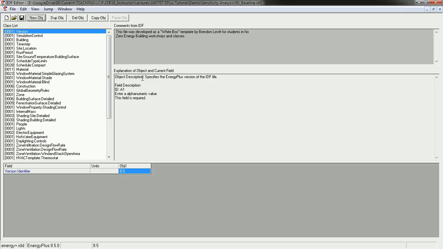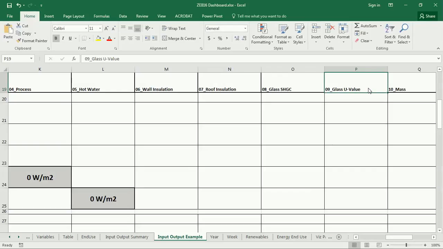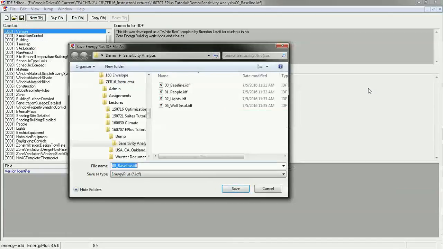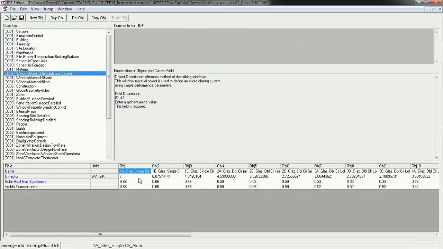So I'm going to save my baseline as, sorry, what number is this? 08 SHGC. And I'm going to go to my simple glazing system, and I'm going to copy, this is my glazing system I've been using.